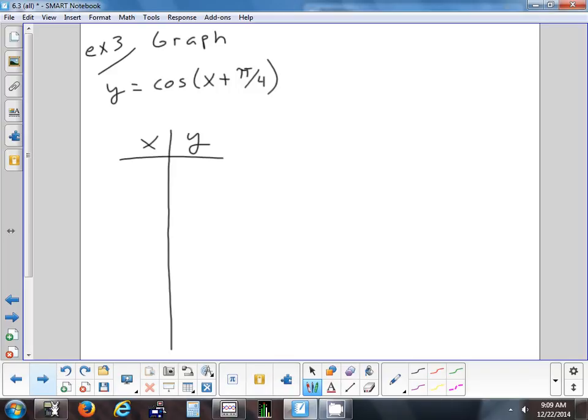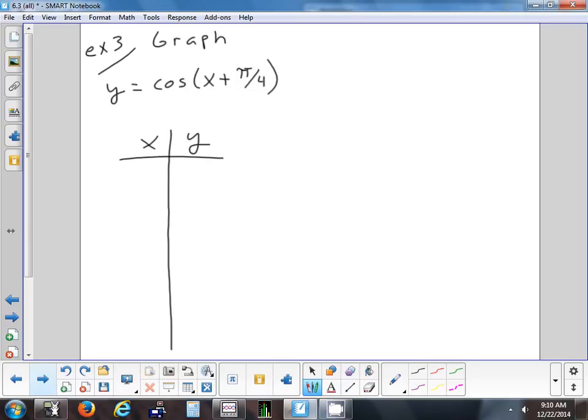The reason is, look at the gap between negative pi over 4 and pi over 4. That's the gap you need to maintain each time. If you don't maintain that gap, your graph isn't going to look right. So you skipped the label over the origin. With pi over 4, sometimes the labeling just comes out like that.